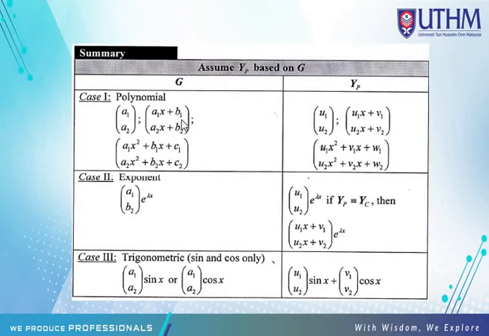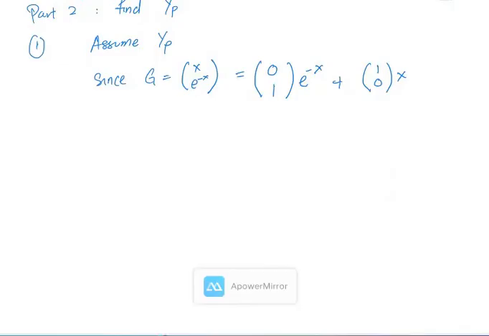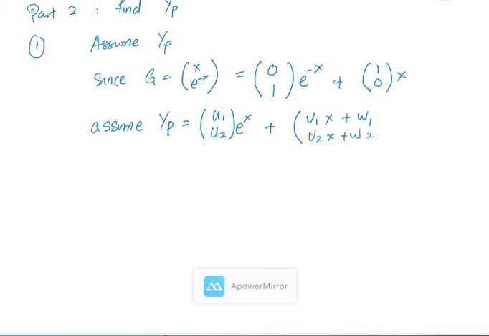So you can have u1x plus b1 and u2x plus b2. So we can assume our yp. For the exponent, you have u1, u2 as I told you just now. And for the polynomial, you have v1x plus w1 and v2x plus w2.